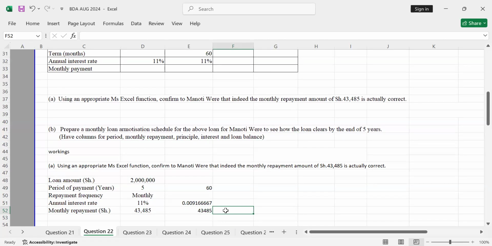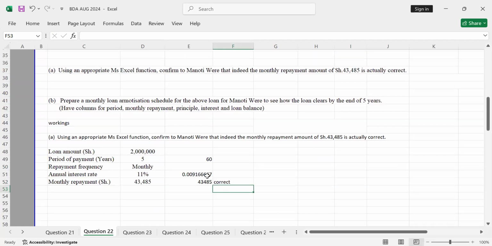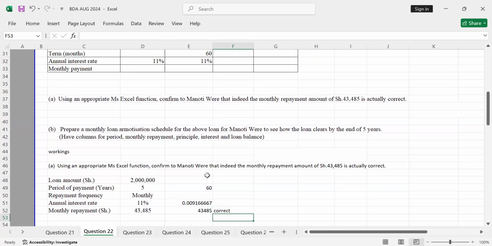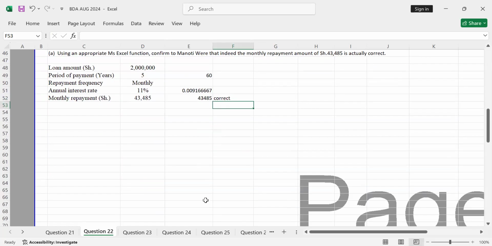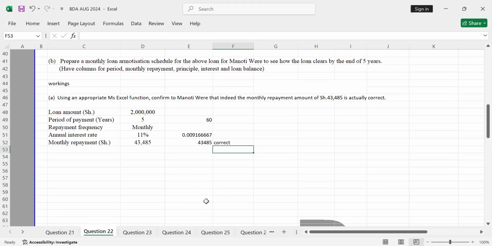And as you can see, that is true. The installment payment that he is supposed to be paying monthly is an amount of 43,485, and therefore you can state that it is correct.